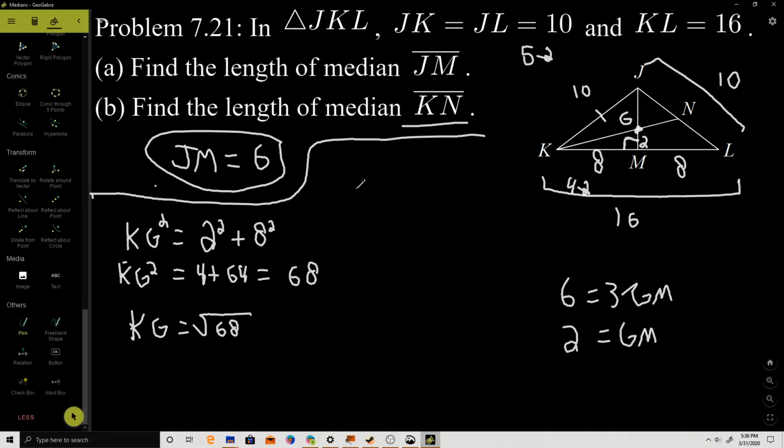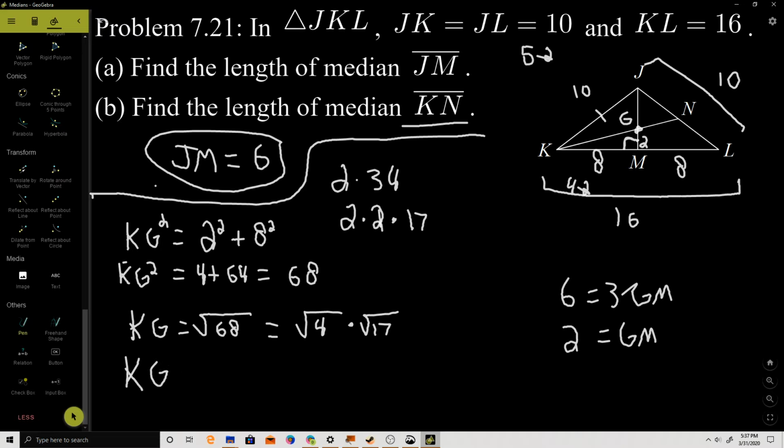I'm having a brain fart. So 2 times 34, which is 2 times 2 times 17. And okay, so we would get the square root of 4 times 17. So KG is equal to 2 root 17.